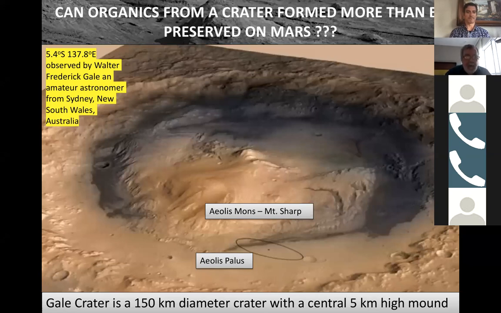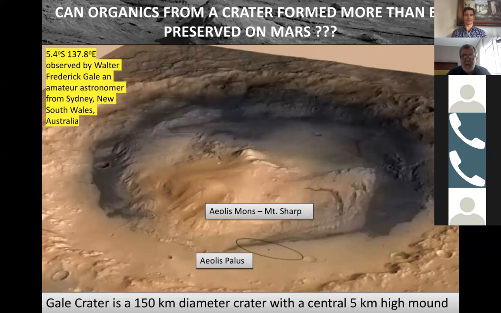Thanks, Paul. So here's where Curiosity landed. It's this 150 kilometer diameter crater. A big old asteroid or comet came barreling in somewhere around 3.9 billion years ago and formed this crater and evacuated it, and it later filled up with sediment blown in potentially and got evacuated by winds later on.